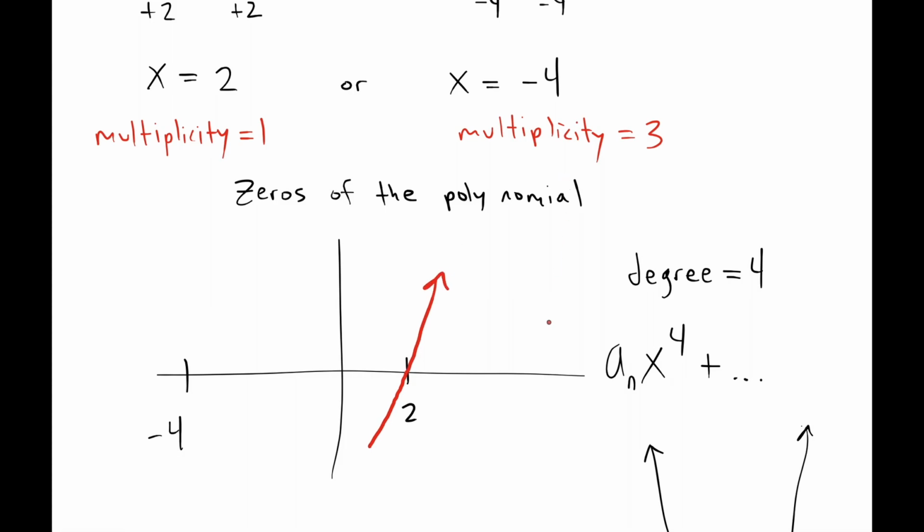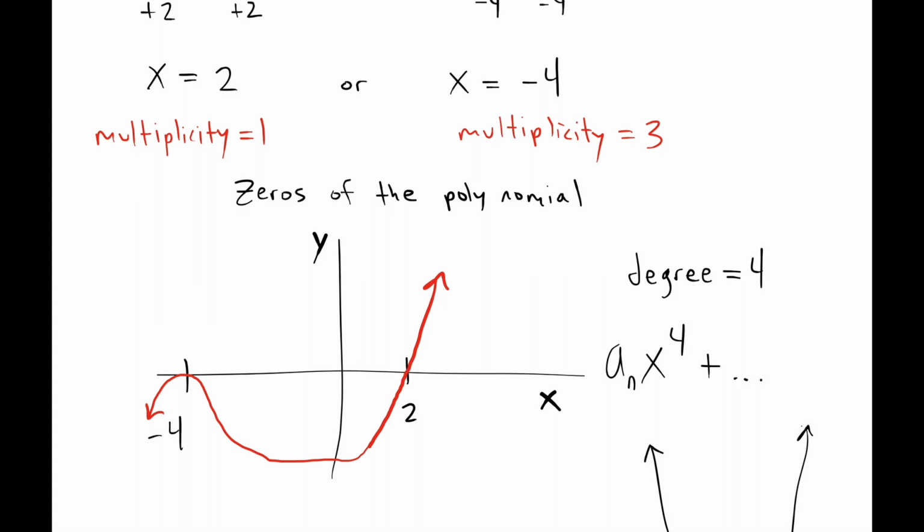However, if you have a multiplicity of 2, or any even multiplicity, you touch the axis and come back rather than going through it.